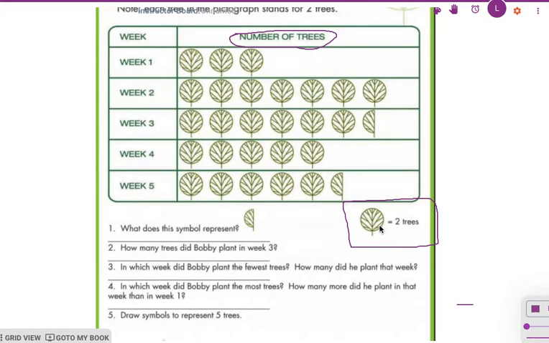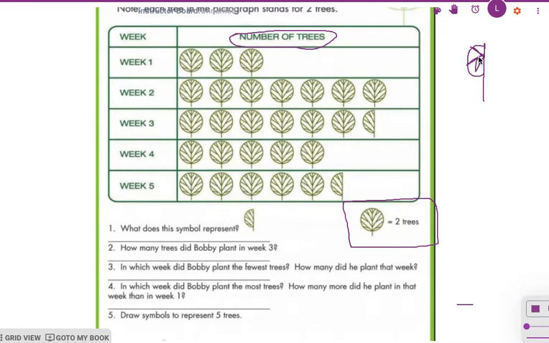But if you have a look at this tree over here, which you only see half of it, what do you think that means? If a whole tree is 2 trees, what do you think a half of a tree means? Well, a half of a tree, let me make a half over here.